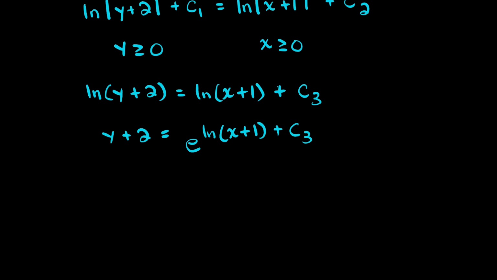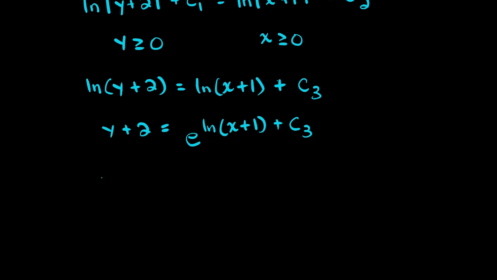Now because we have a sum as the exponent here, we can write this with the same base. So this is multiplied by e to the power of c3.